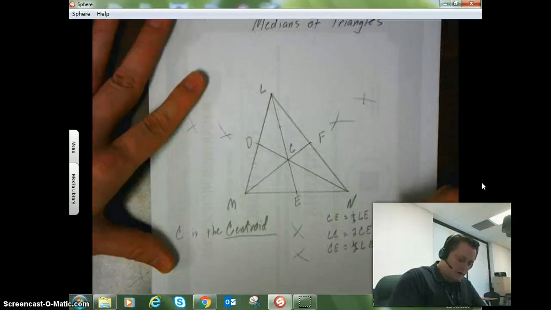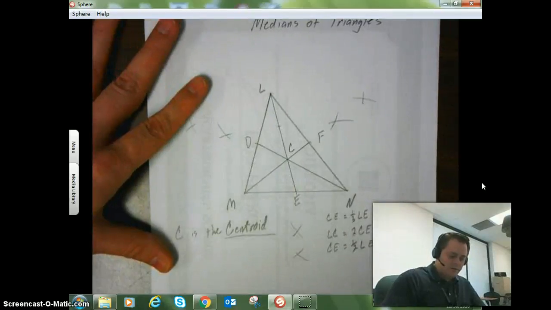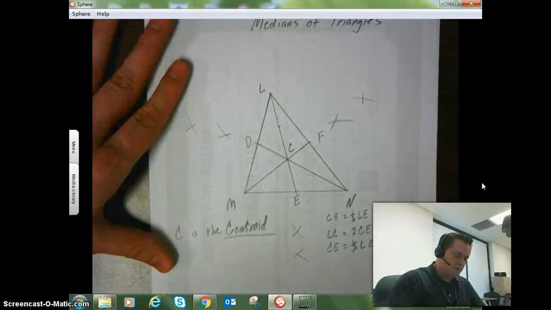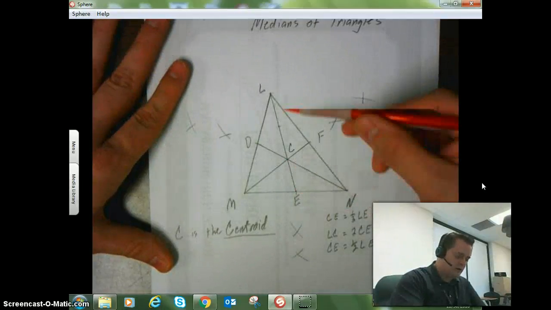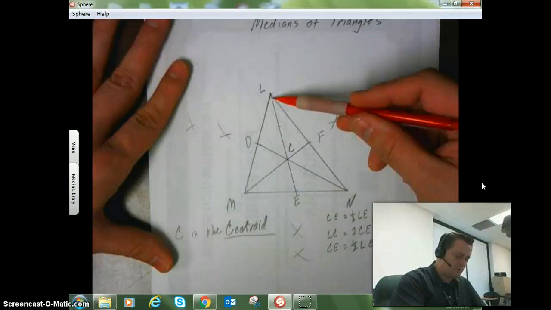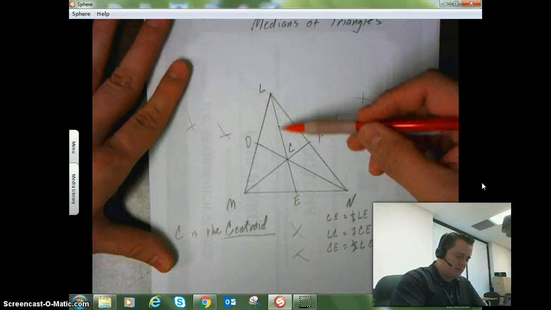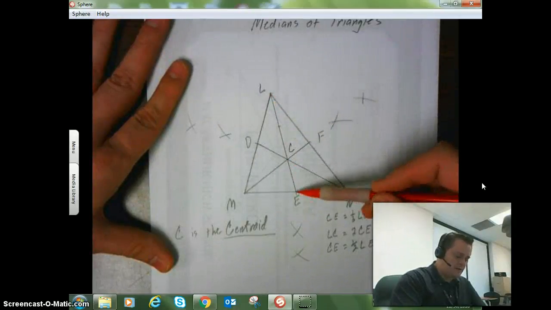And I could turn it around and say I can make 3 CEs equal 1 LE. So there's a variety of ways that we could write these relationships, where the entire median is broken up into two pieces. I have a big piece, LC, and a small piece, CE.